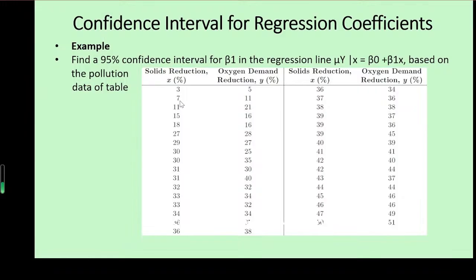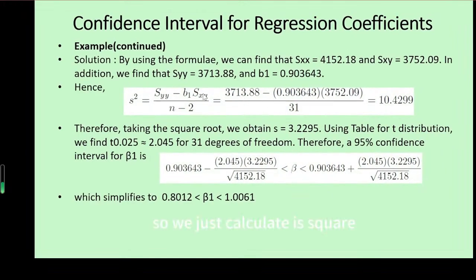So we show an example. Find the 95% confidence interval for beta 1 in the regression line beta 0 plus beta 1 x, based on the population data in this table. We just calculate s squared from sxx, sxy, and syy.